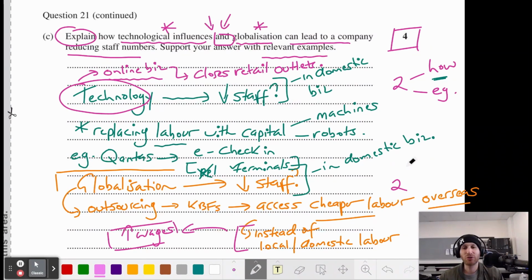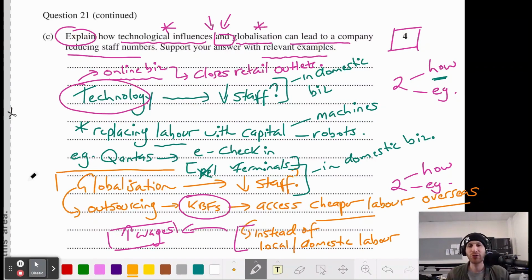So if I'm looking at 2 by 2, how would it happen? Well, a company would source a key business function or elements of a key business function from an outsourcing provider overseas that would then provide cheaper labor.